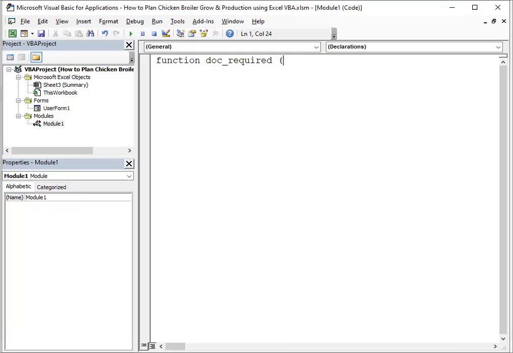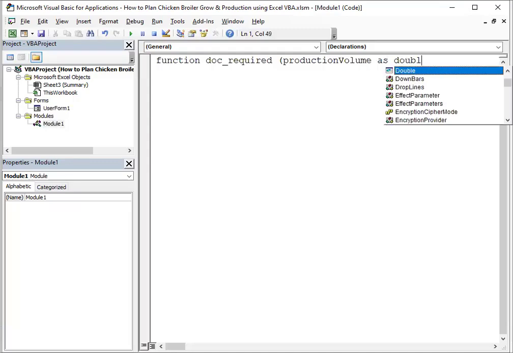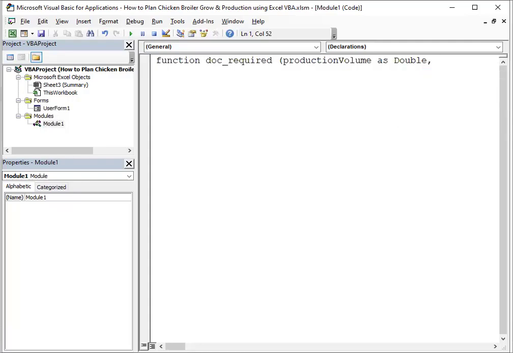So it's going to be production volume as double. Double is like a number with decimal places. And then the next one is mortality rate as double.